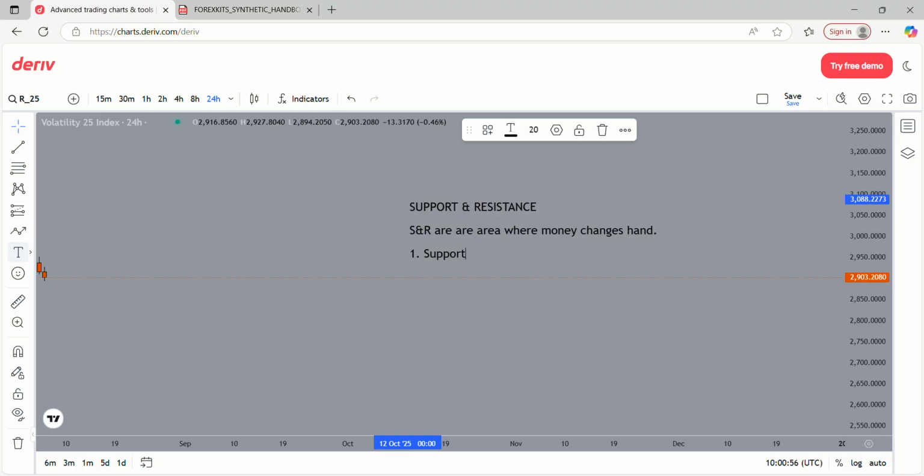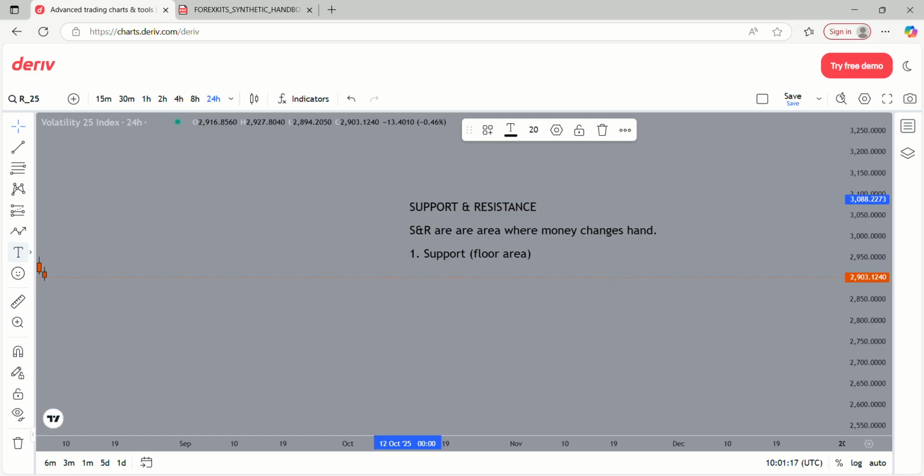Let me just say floor area. It's just a layman's word so that you don't forget what support is.